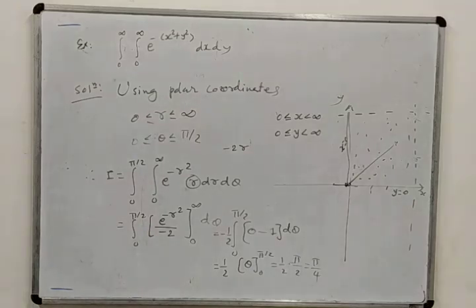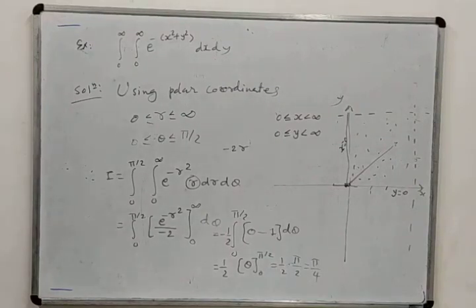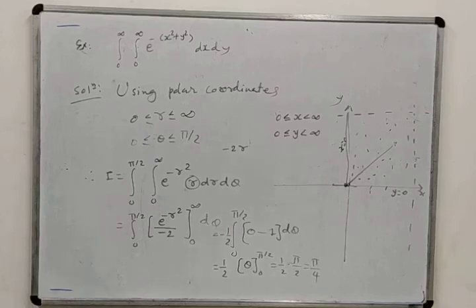Students, whatever examples I have shown you here, try them yourself during the remaining time of this lecture. Practice yourself. Then you will be sure that problems based on polar coordinates, directly given or converted from Cartesian form into polar form, are also very easy.